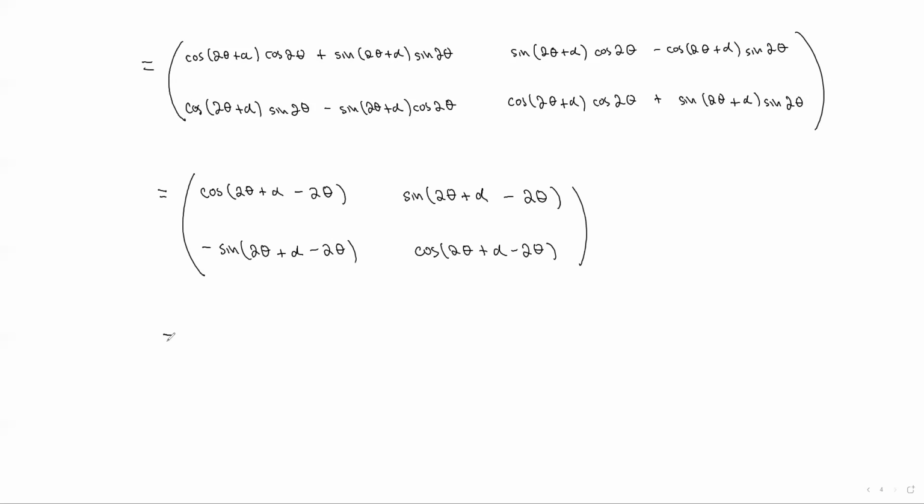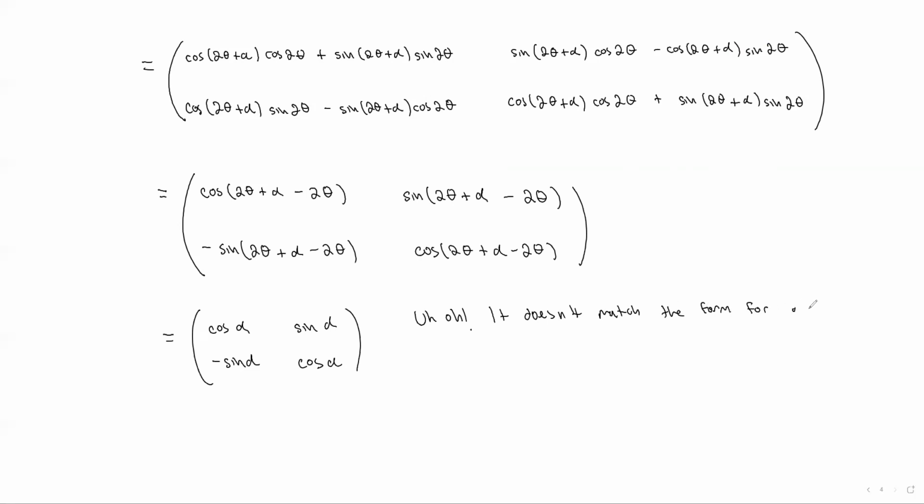So then this is actually just equal to cos α, sine α, negative sine α, cos α. Uh-oh, it doesn't match the form for a rotation or a reflection matrix.